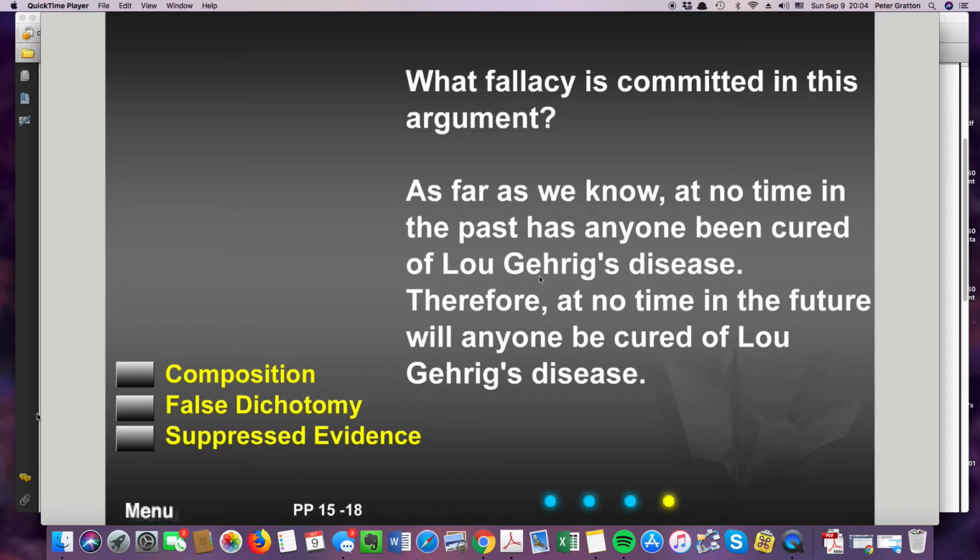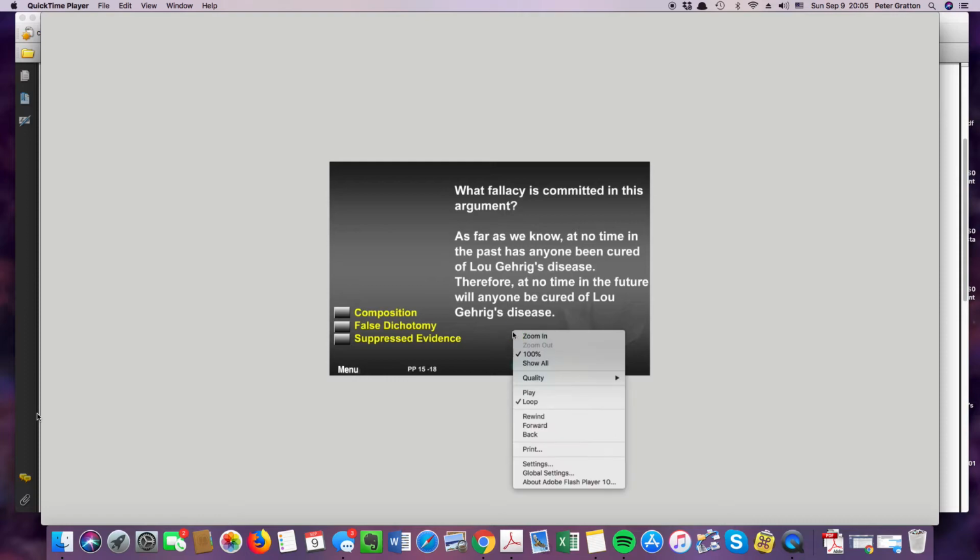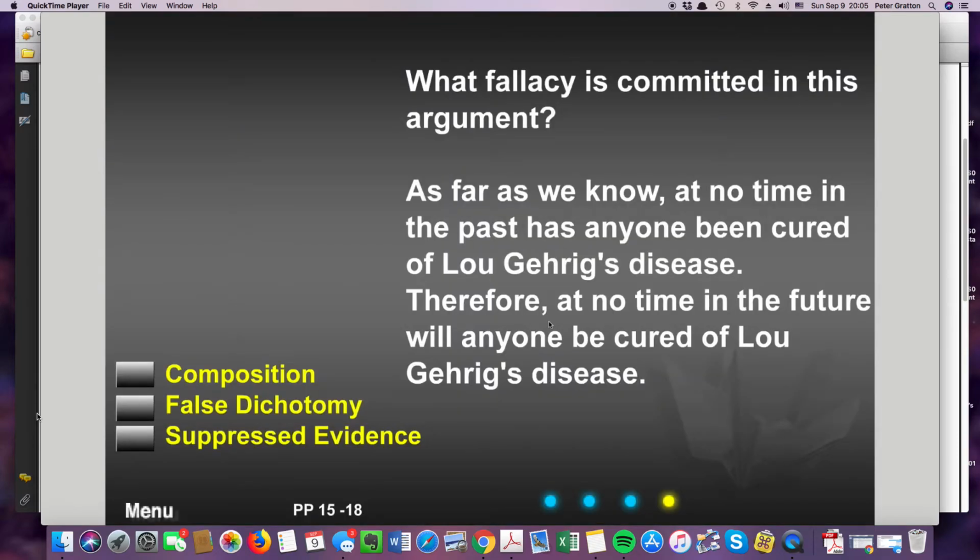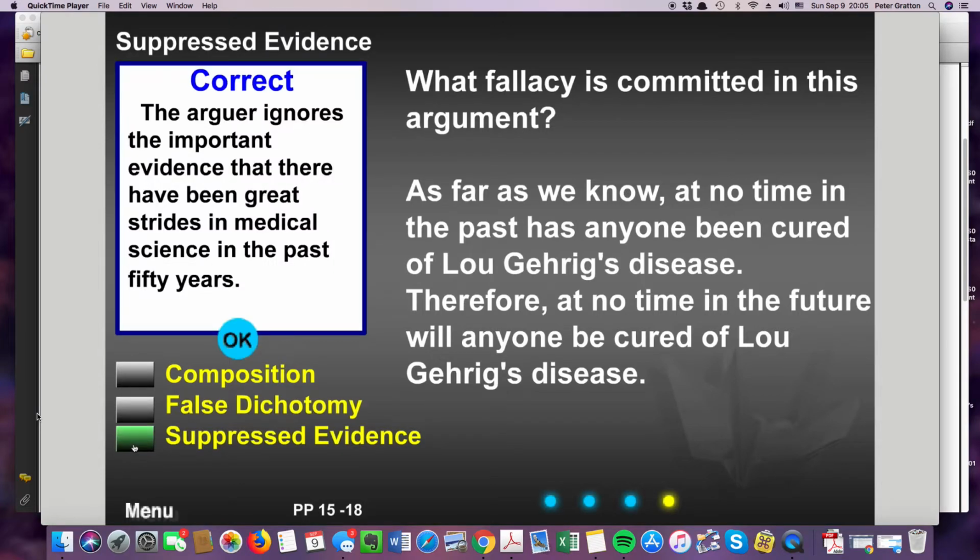I don't know a lot about the history of Lou Gehrig's disease, but we've made great advances with many diseases. We're suppressing evidence, namely that since Lou Gehrig's disease was discovered some 70 or 80 years ago, a lot of advances have been made in medicine. We ignore the important evidence that there have been great strides in medical science in the past 50 years.